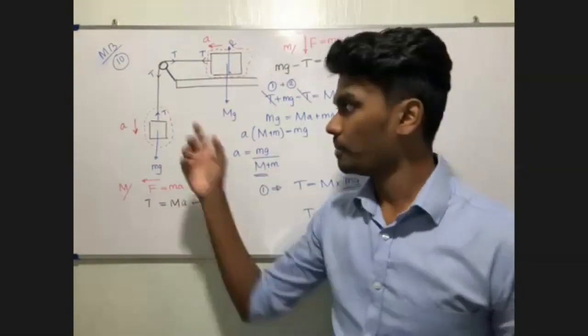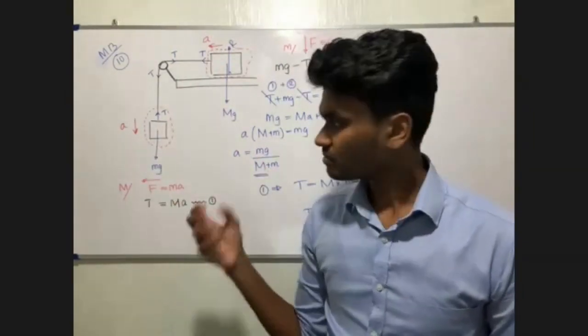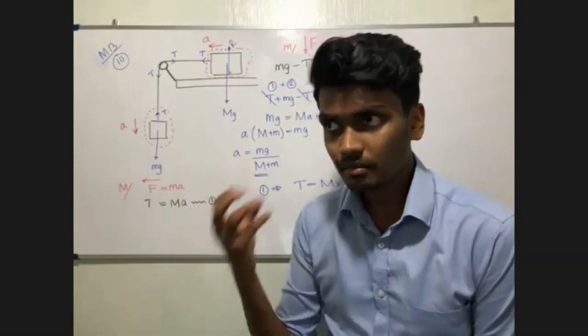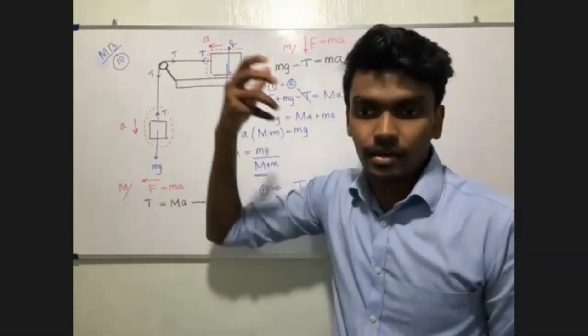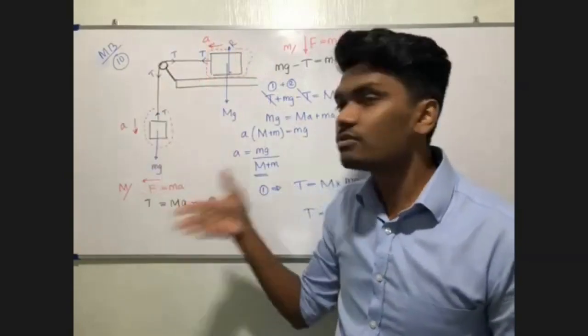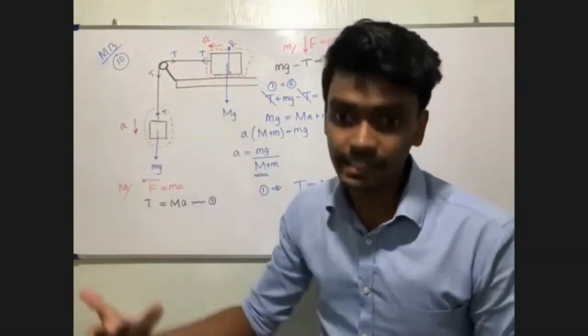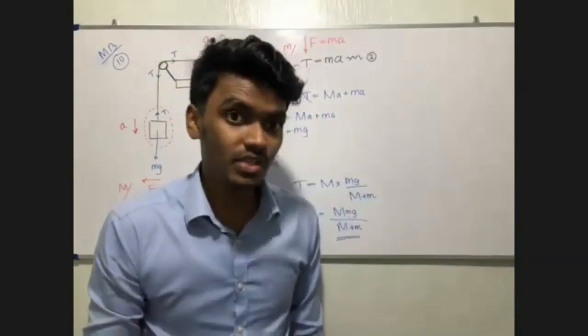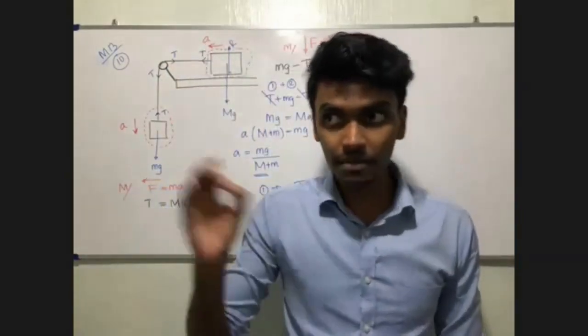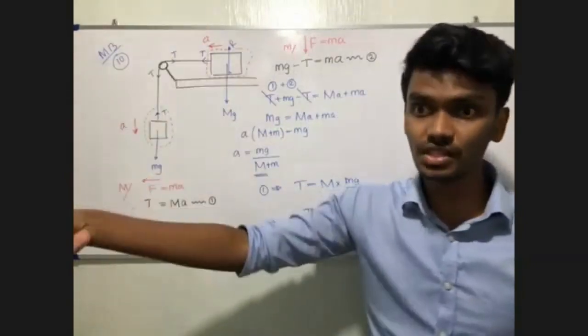Actually, what we need is not the mass, but the weight. Weight means mg, not m, right? M is mass, weight is mg.